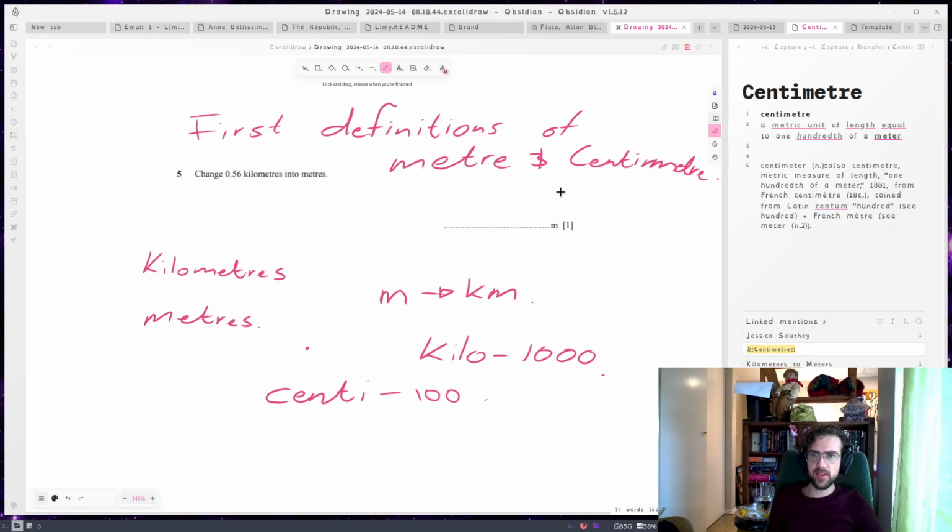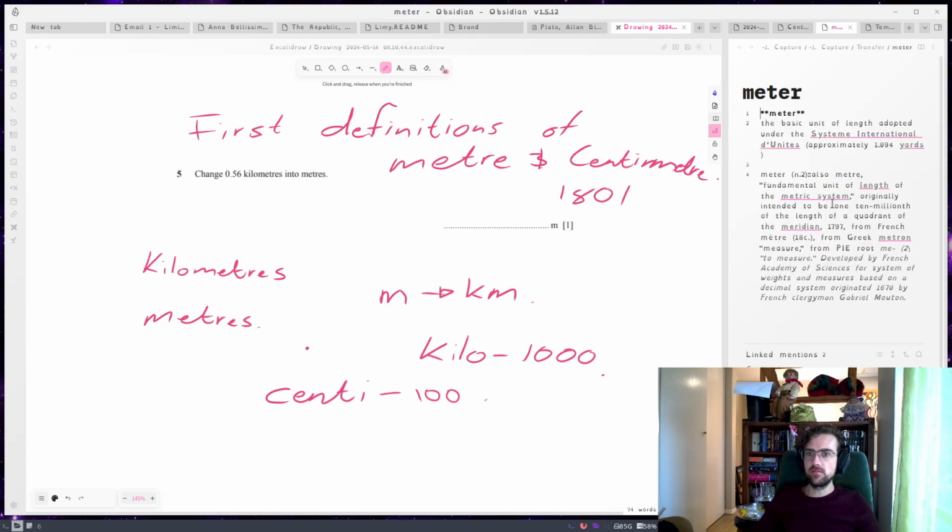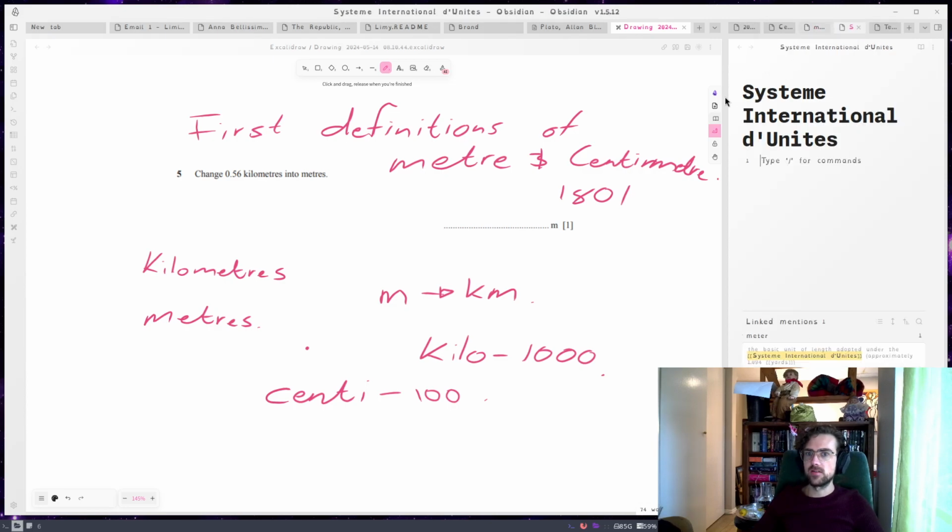So we know the centimeter came in 1801. Let's just quickly look at meter. Meter was the Systeme International de Units. I don't know what that is. Let's check that out. I wonder if there's a Wikipedia plugin. Do you think there is?